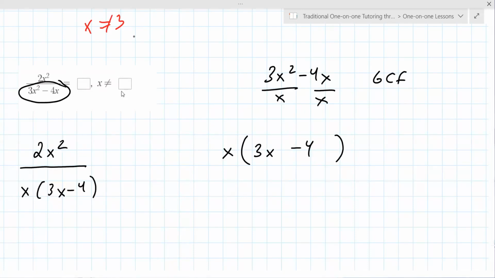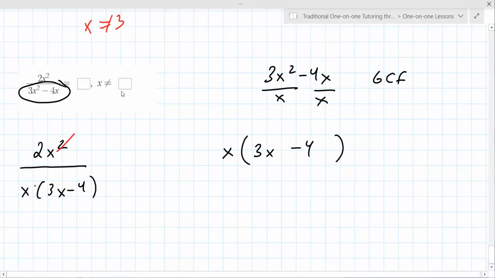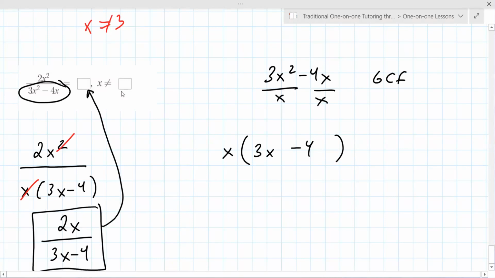And then one of the x's on the top cancels with one of the x's on the bottom. So your final answer is 2x over 3x minus 4. That goes into this first box. And then you set the thing that cancels equal to 0.